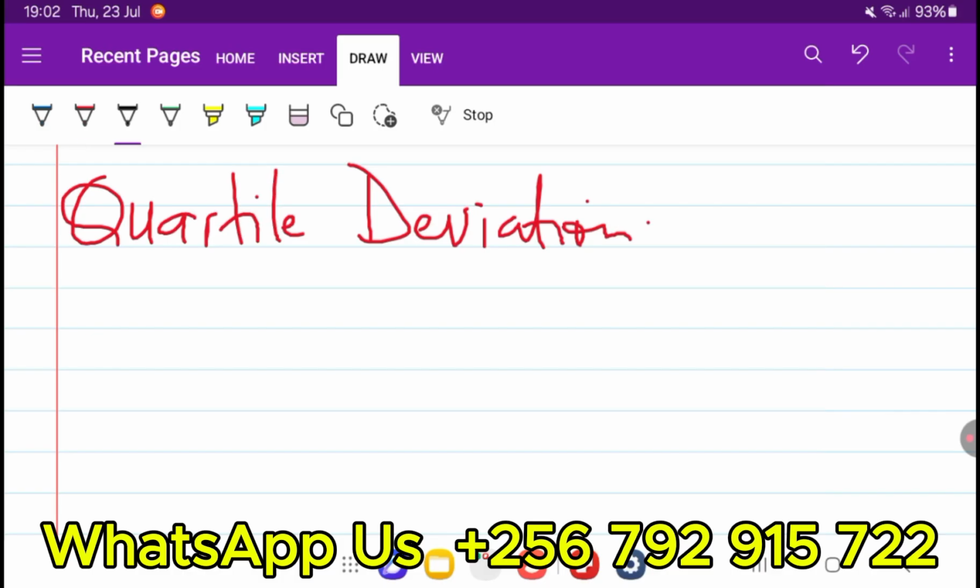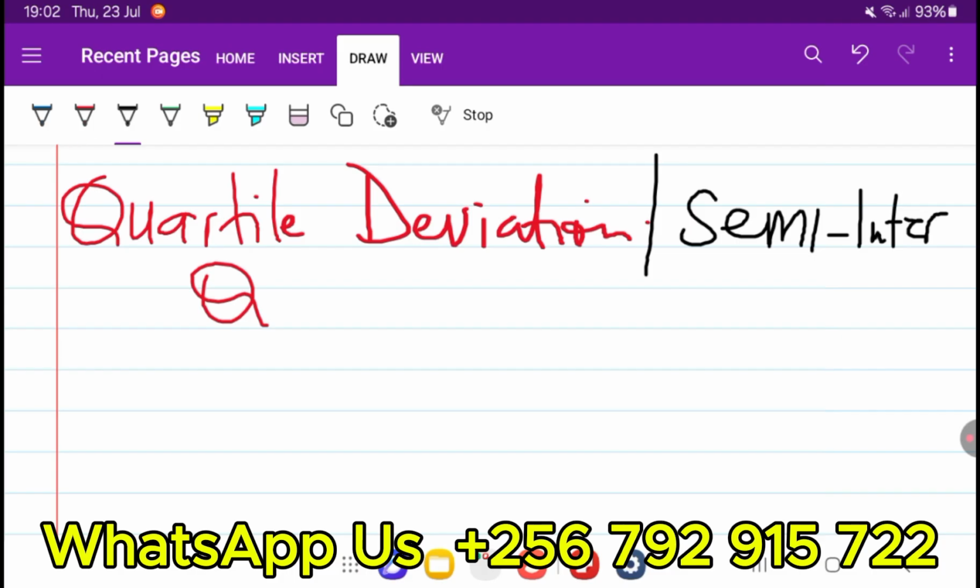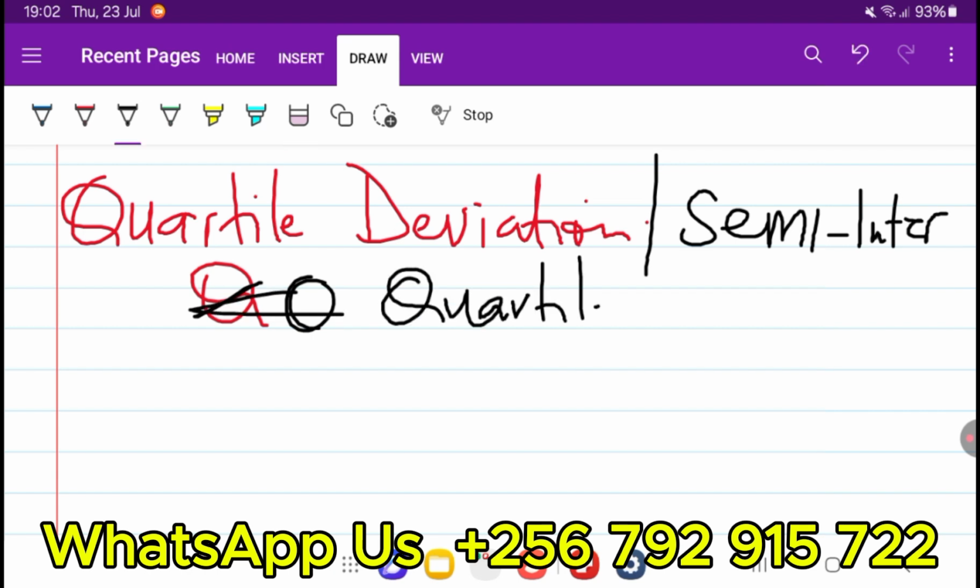And of course we know that quartile deviation is one of the other methods of dispersion, and if you don't call it quartile deviation, you can call it semi-interquartile range.